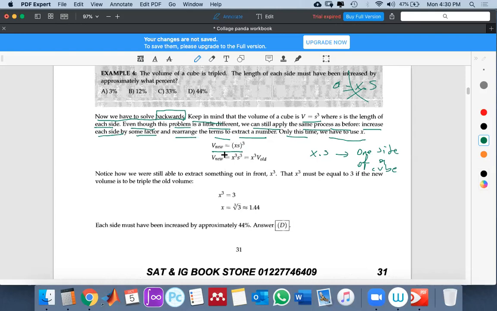So xs, xs, xs, three times we are multiplying, so we get x cubed times s cubed, where s cubed is the old volume. So x cubed is 3.